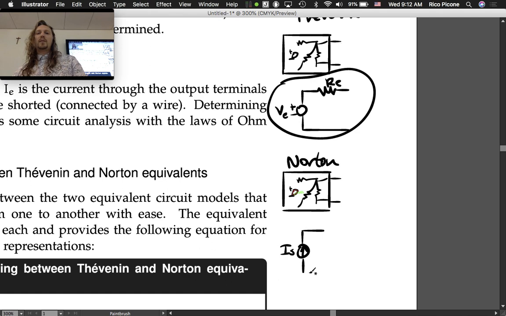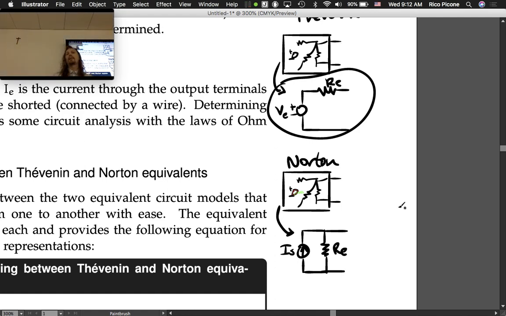And we're not going to put it in series with a resistor, we're going to put it in parallel with the resistor. Okay, so Thevenin says you can go from there to there. Norton says you can go from there to there. So that is the idea.